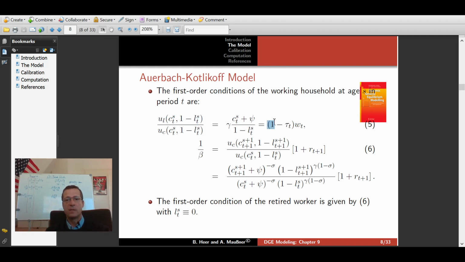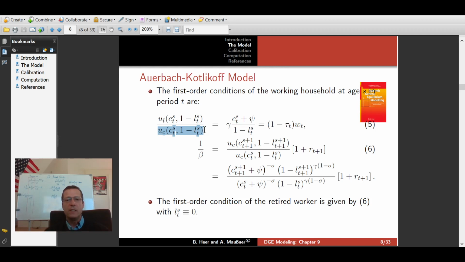And of course, we get the net wage, 1 minus tau, w_t, for working an extra unit. And this will provide us with marginal utility U_C, the partial derivative of the instantaneous utility function with respect to consumption. And of course, in equilibrium, they are equal. Otherwise, we would increase lifetime utility or even period utility if we increase or decrease labor, depending on which of the two sides of this equation is larger.